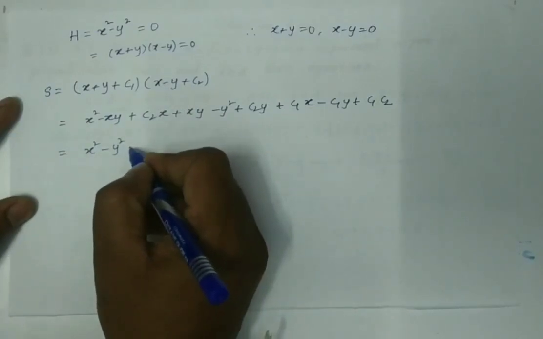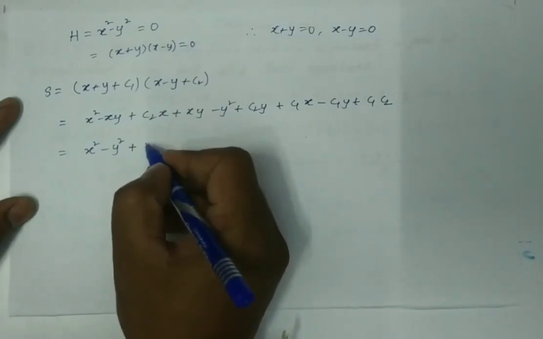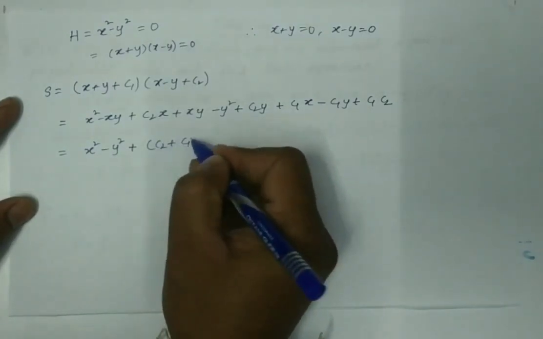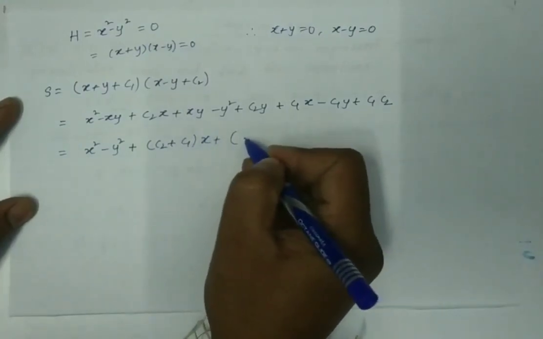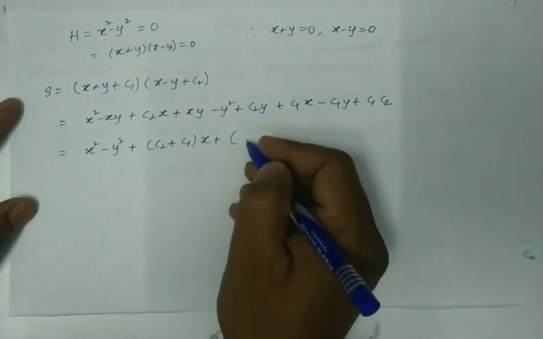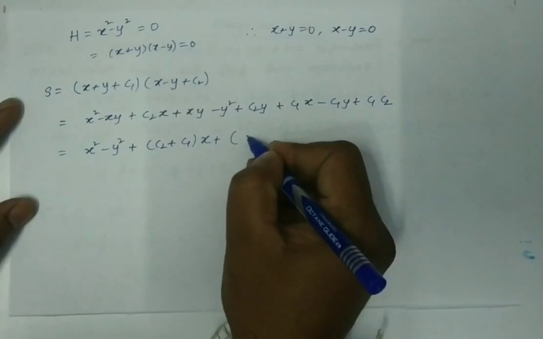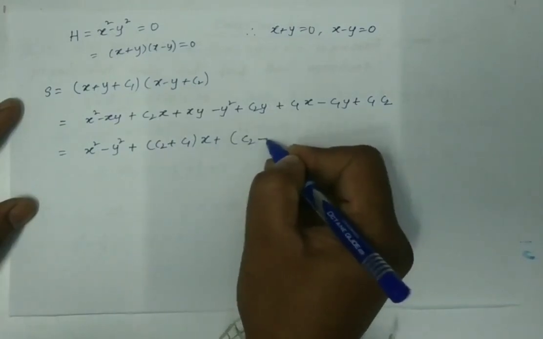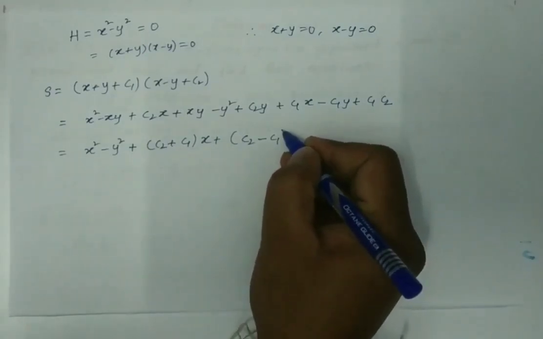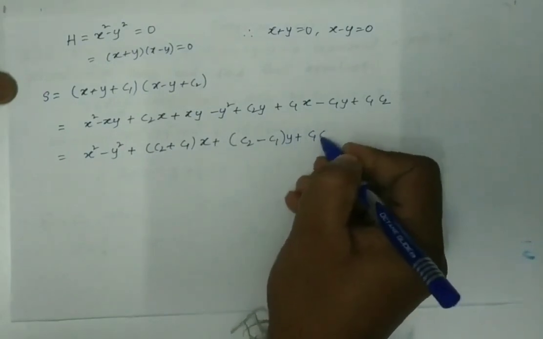Next let us take x as a common factor, so we get c2 plus c1 into x, plus, by taking y as a common factor, c2 minus c1 into y plus c1 c2.